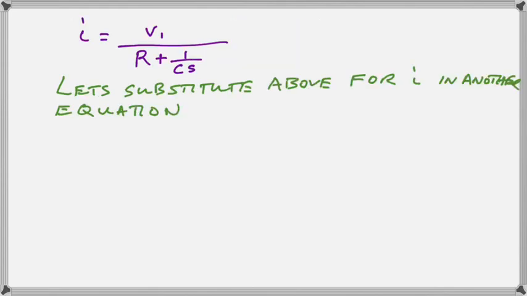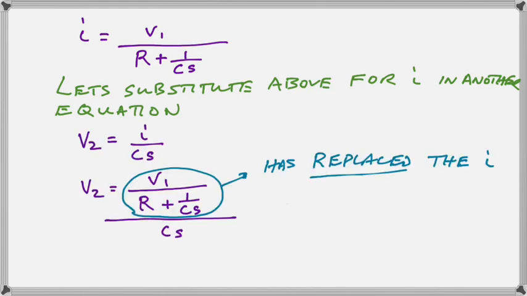Well, we have to substitute for I in another equation. This is an example of how we put one equation into the next. So our next equation has I on the top, and we've simply replaced the I by what it is equal to. And once again, we have a complex fraction.